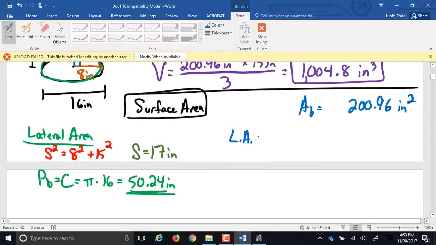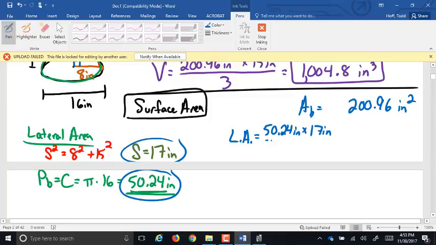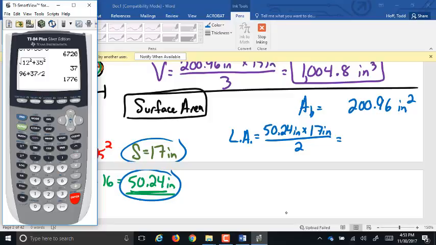So my lateral area is the perimeter of my base, 50.24 inches, times my slant, 17 inches. And remember, it's still shaped like a triangle, divided by 2.